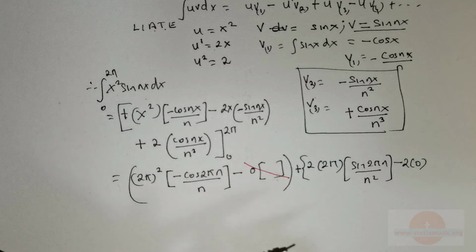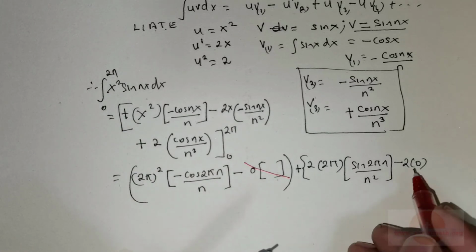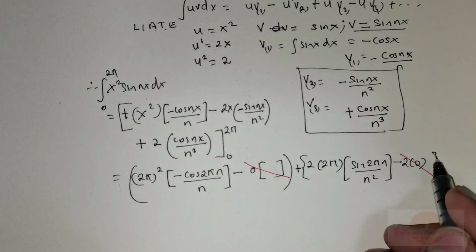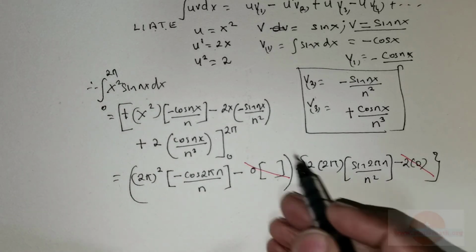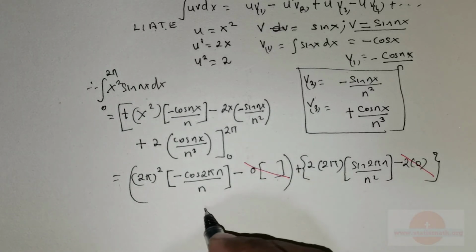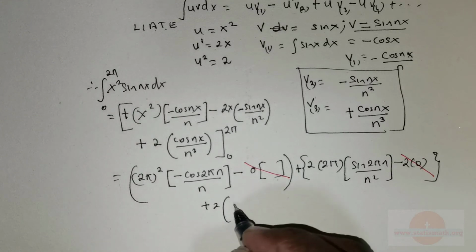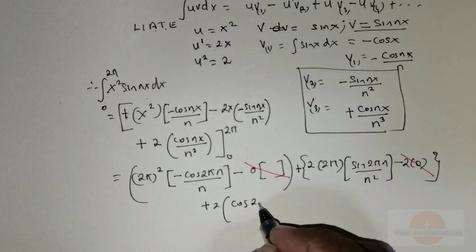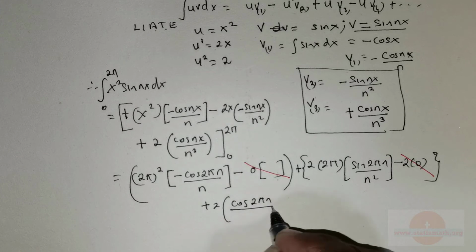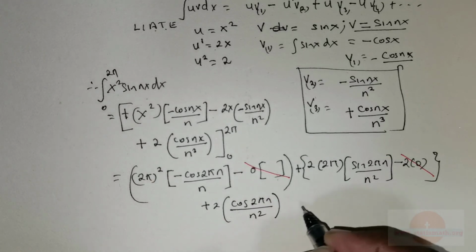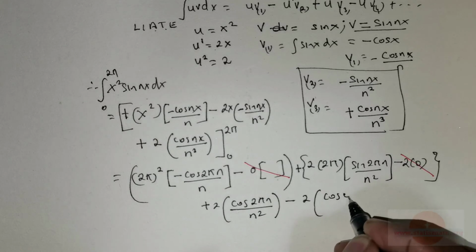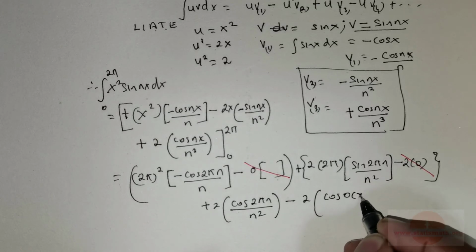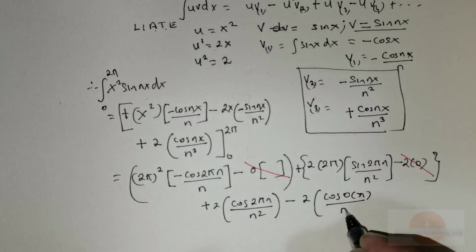So naturally the second term will be eliminated. There's no need to place the other limits for the sine component, followed by 2 times cos 2 pi n divided by n squared, negative 2 times cos 0 times n divided by n squared.